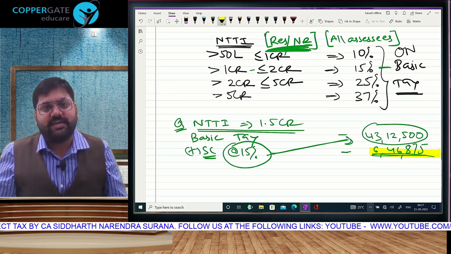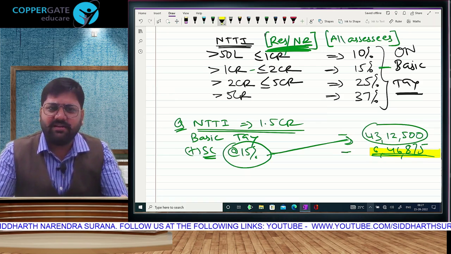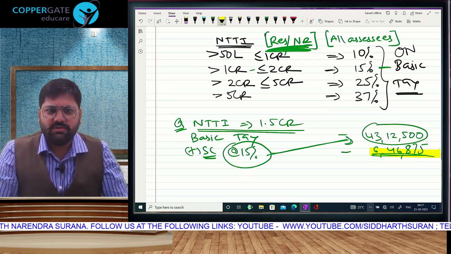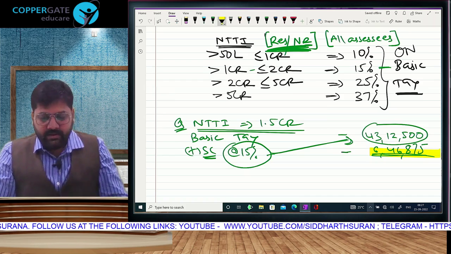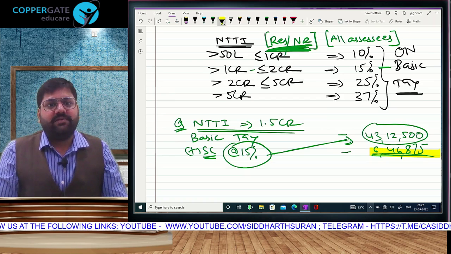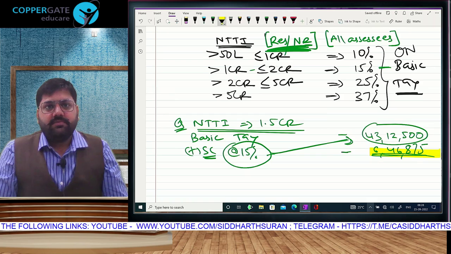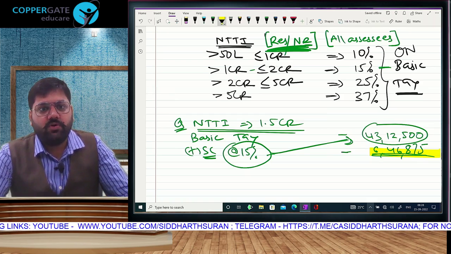Individual ke liye it starts after 50 lakh, but company firm ke liye it will start after 1 crore. Whenever we learn company firm ka rates, we will learn that also. No? We are doing individual ka rate. And equal to will attract surcharge of previous level. Equal to 50 lakh pe nothing, equal to 1 crore pe 10% and so on.